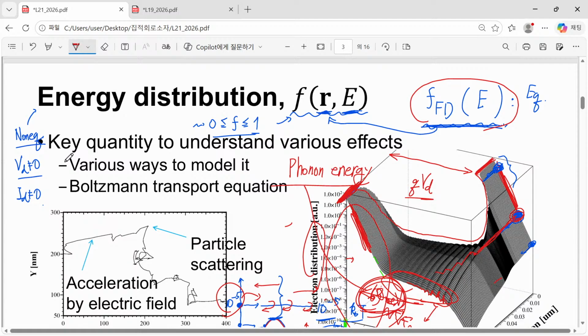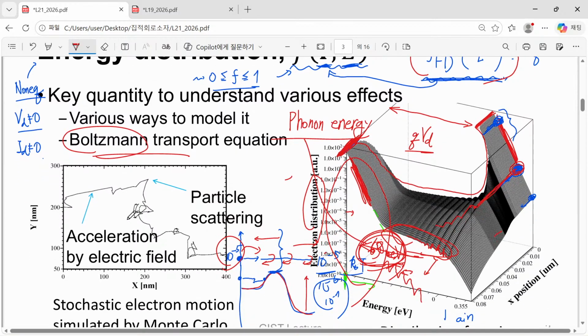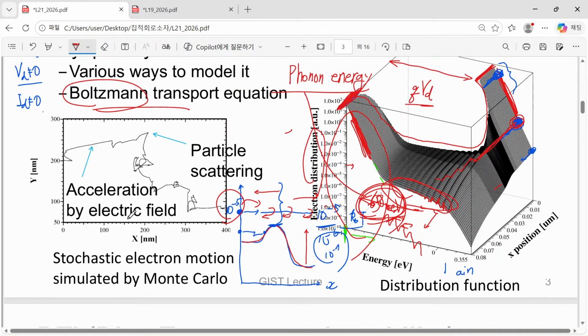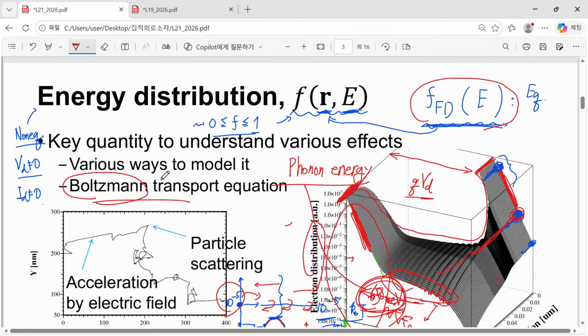So for that purpose, we have to solve a more advanced transport model called the Boltzmann transport equation, or even a higher one. But this is far beyond our usual analysis model. So I will just explain what is the meaning of this energy distribution function.